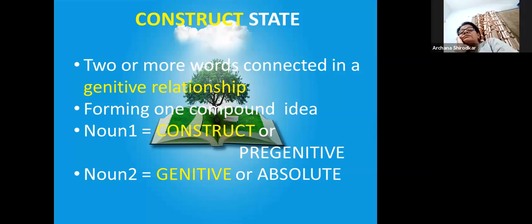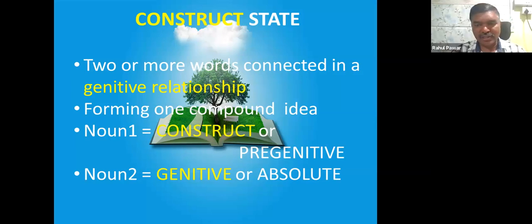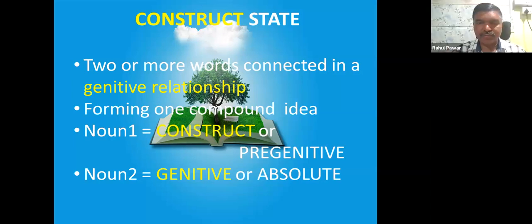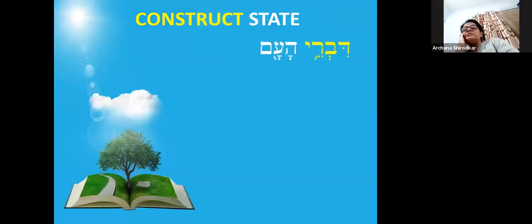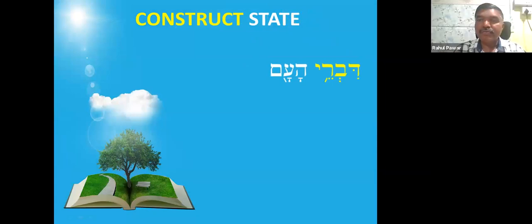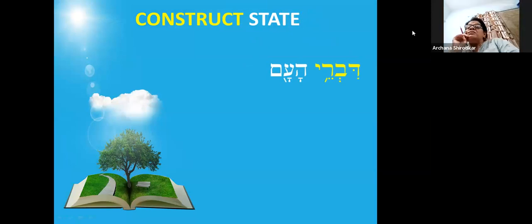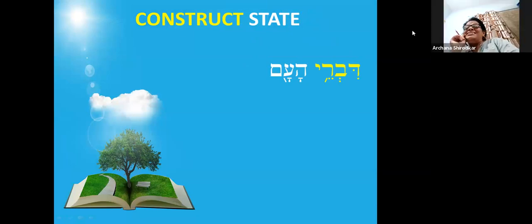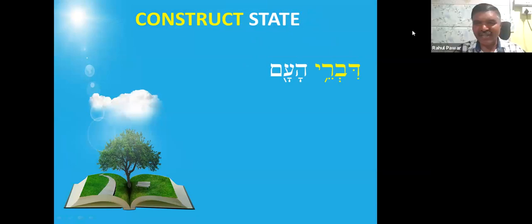Example: last time we have seen, but I am repeating it again because understanding the construct state is very important. Now, for example, this is read Divre. Let's see whether you're able to read. Devre Ha'am.